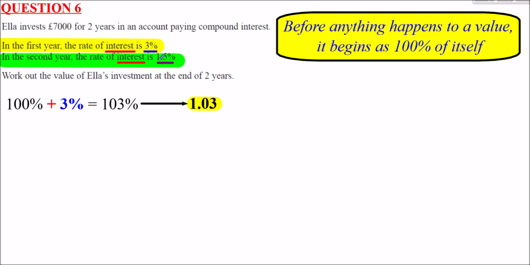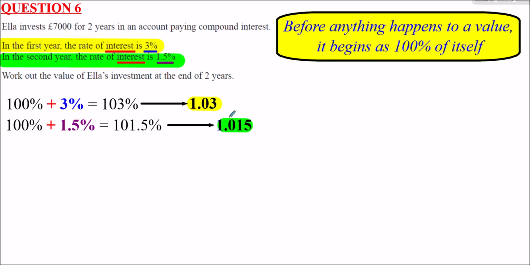So we're still going to start from 100, then we're going to add on 1.5%. 100% plus 1.5% gives us 101.5%, sorry. Then dividing the percentage by 100 to change to a decimal multiplier for the second year, this one divided by 100 gives us 1.015. So that's the decimal multiplier for the second year.